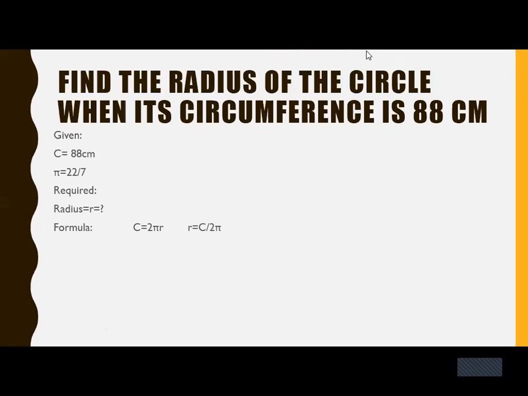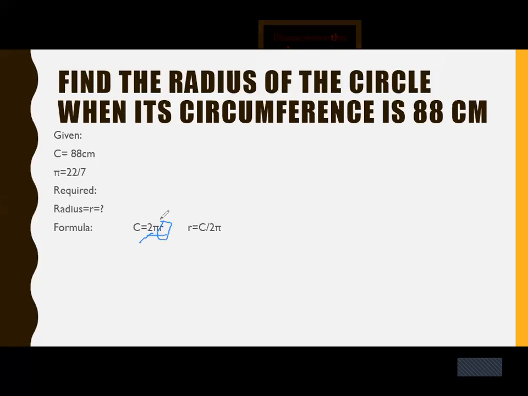Now students, here we have to find the radius. So how can we convert this equation? Here 2 pi is multiplying with r. If I shift it to the left hand side, it will move to the denominator, and the equation becomes r is equal to c upon 2 pi.